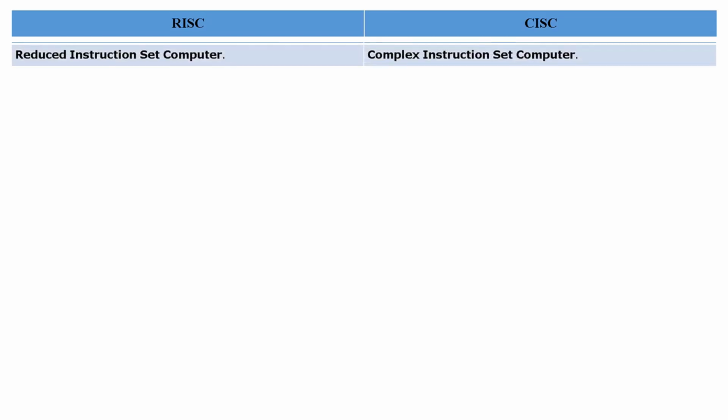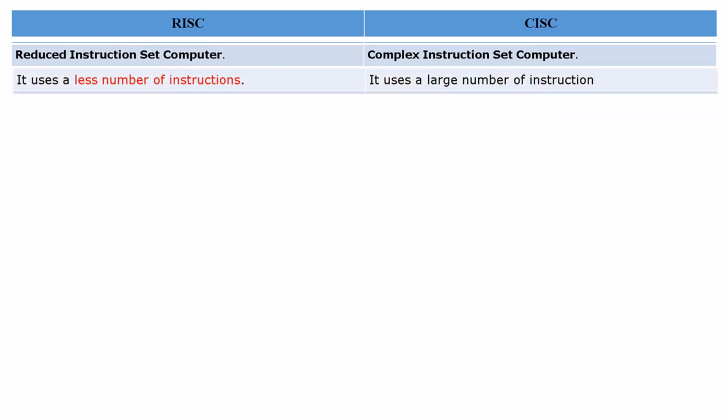Now, we should understand the basic differences between RISC-based architecture and CISC-based architecture. So von Neumann architectures are based on RISC and Harvard architectures are based on CISC. Okay, now what is meant by RISC and what is meant by CISC? RISC is nothing but reduced instruction set computer, and CISC is called complex instruction set computer.